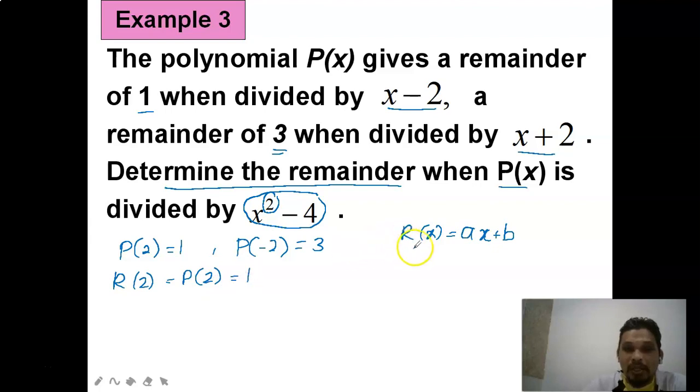So substitute x with 2 into the remainder ax plus b, and we come out with 2a plus b equals 1.